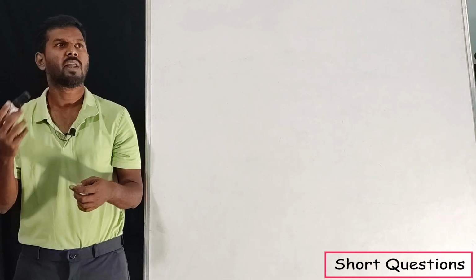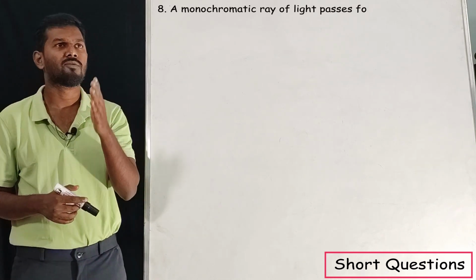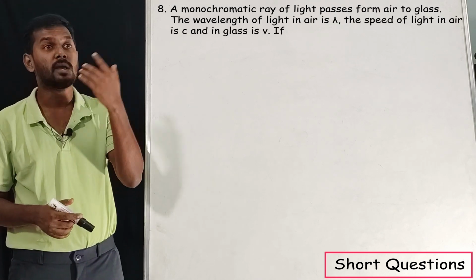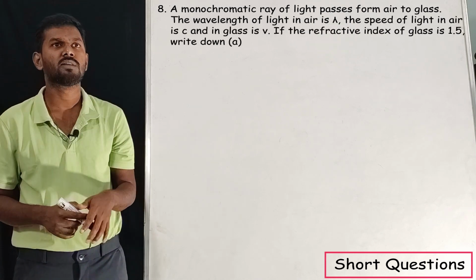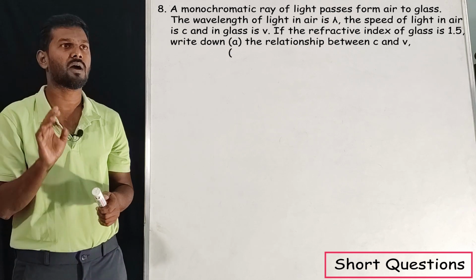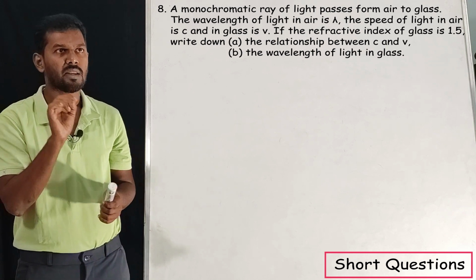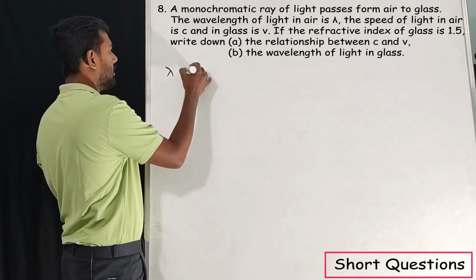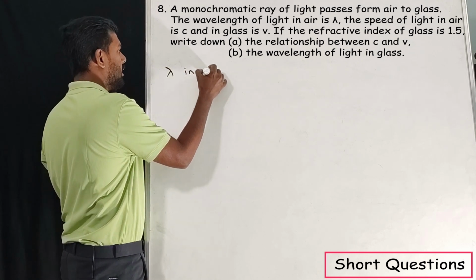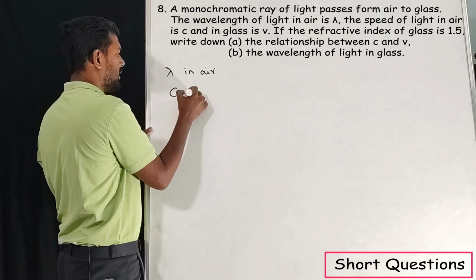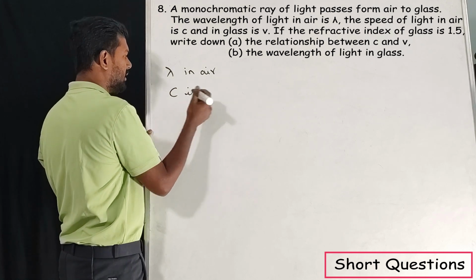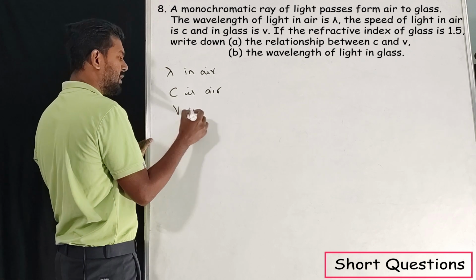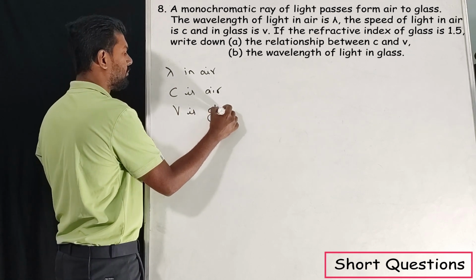Our next question: a monochromatic ray of light. What do you mean by monochromatic? Single color light passes from air to glass. The wavelength of the light in air is lambda, c is the speed of light in air, and v is the speed of light in glass.